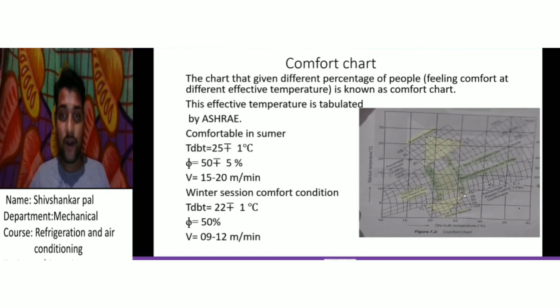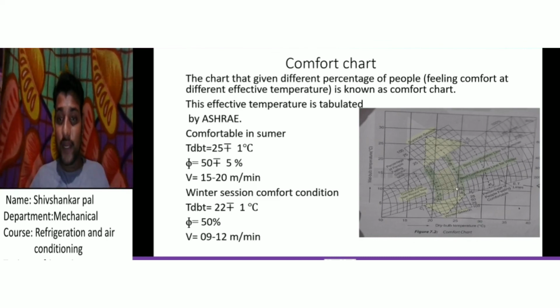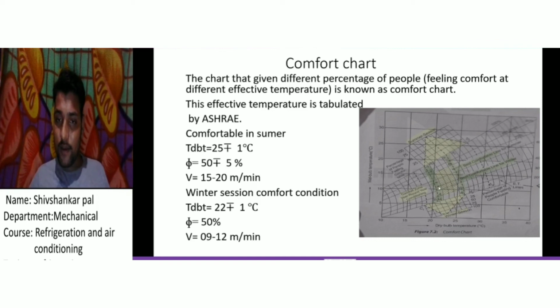In winter you do not use a refrigerator but a heater, and the heater is designed using this value. When you design a refrigeration system that works both in summer and winter, take this portion, which is the most comfortable. That is the comfort zone for year-round air conditioning. This line is known as the best comfortable line in summer, and this line is the best comfortable line in winter.